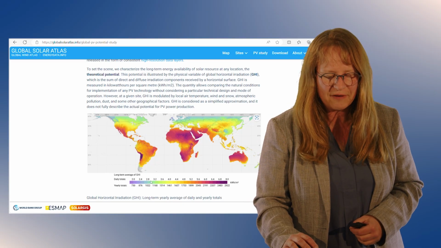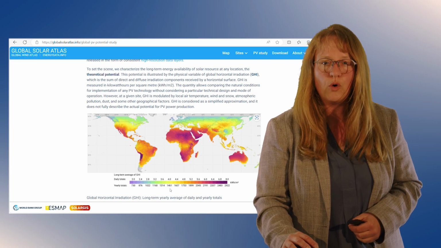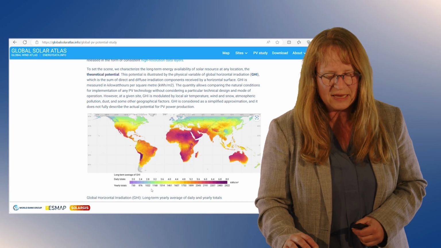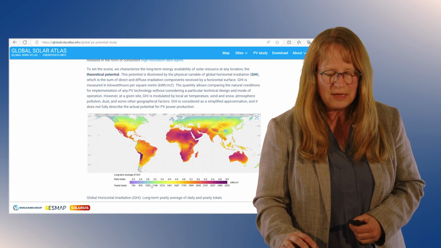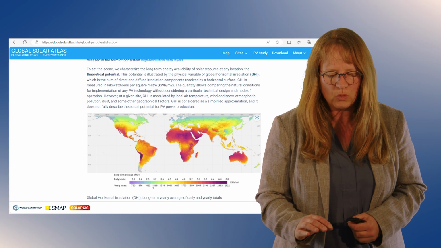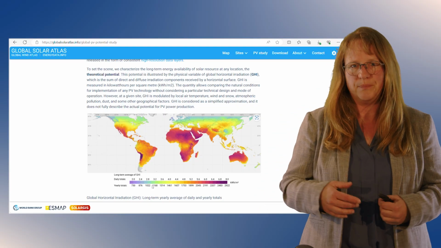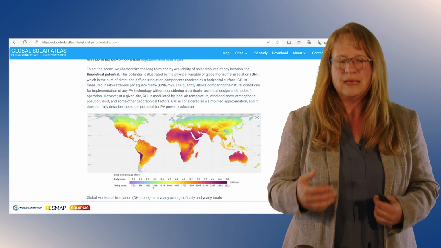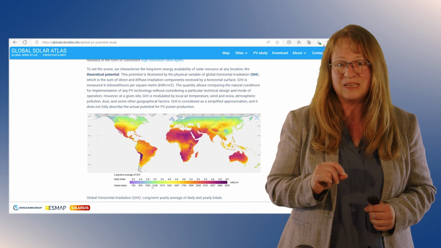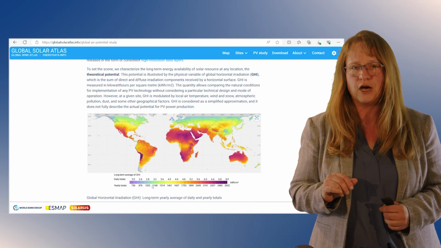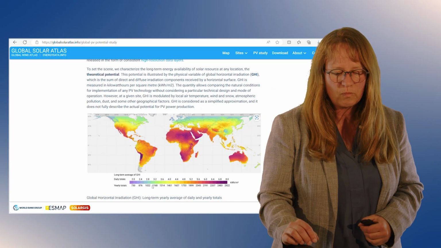And then the yearly average you can see here at the lower row if you multiply it by the days, and then you see that in northern Germany we get around 1,000 kilowatt hours per meter squared per year for our solar modules as irradiance. This is not talking yet about how much electrical energy we get out. It's just the solar irradiance that we have.